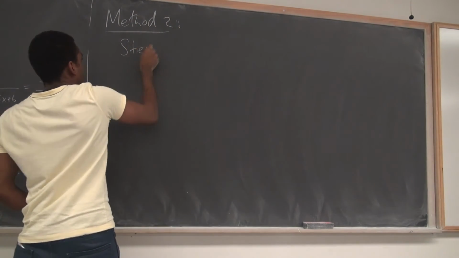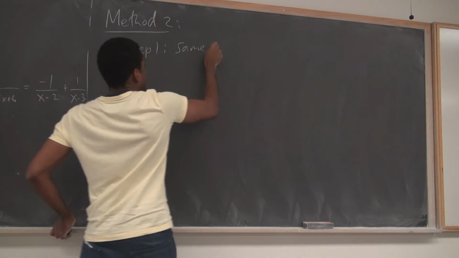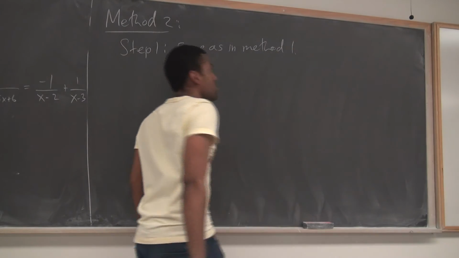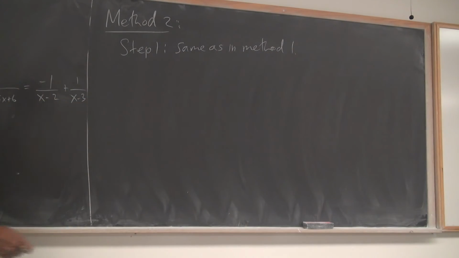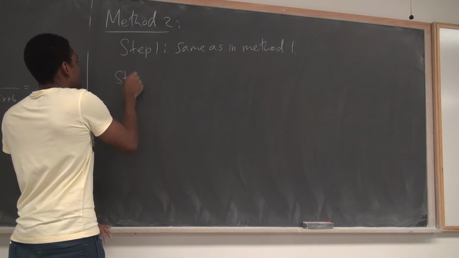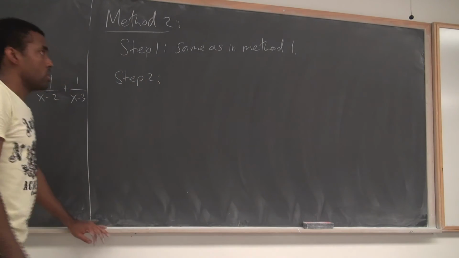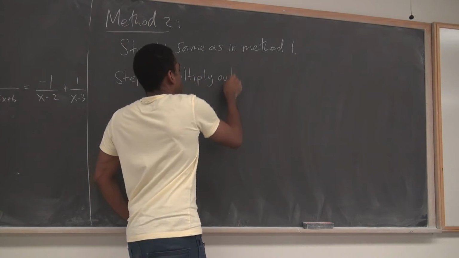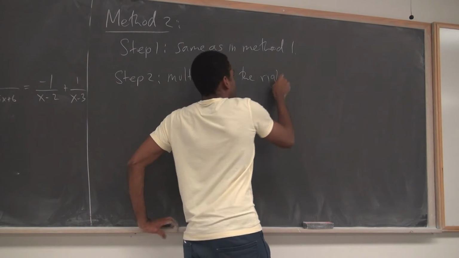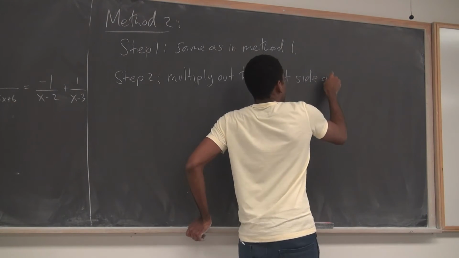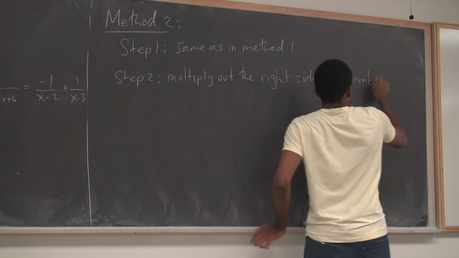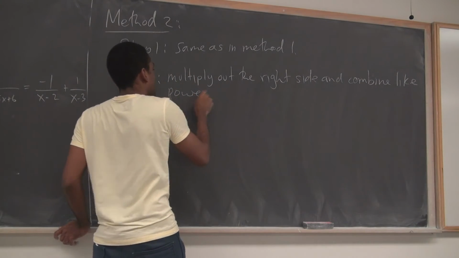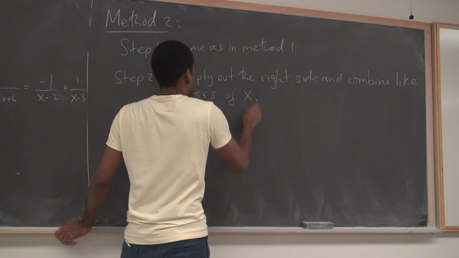Method 2, step 1. Same as in method 1. Multiply both sides by the denominator of the left side. Step 2. Multiply out the right side and combine like powers of x.